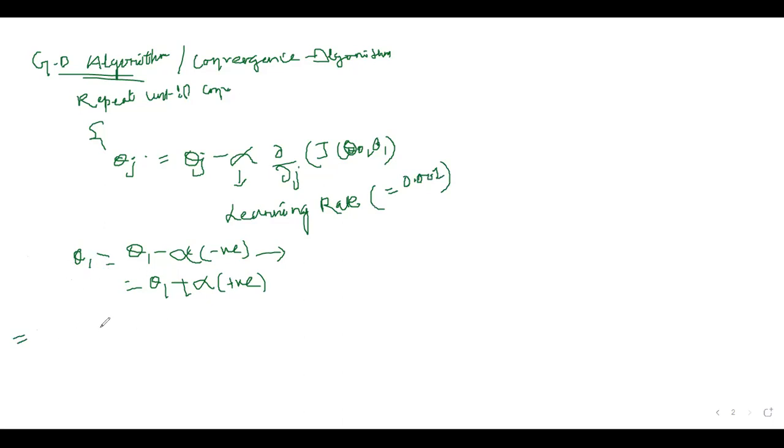I will write it as the derivative of J of theta, J of theta 0 and theta 1, that is, theta 0 comma theta 1.